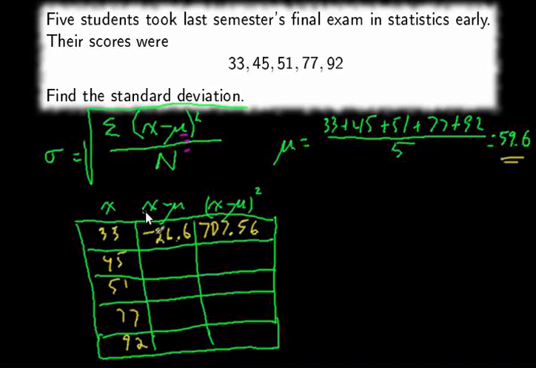X is 45, so we have 45 minus 59.6, negative 14.6. And we need to square that to 213.16.